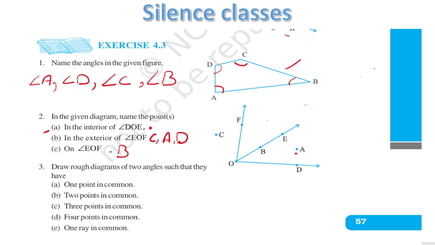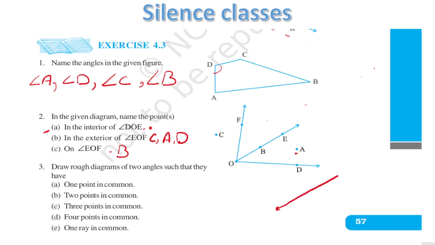Now what question number 3 is saying: draw a rough diagram of two angles such that they have one point in common. It means we have to draw two angles such that they have one point in common. So take one point like this and draw two angles.